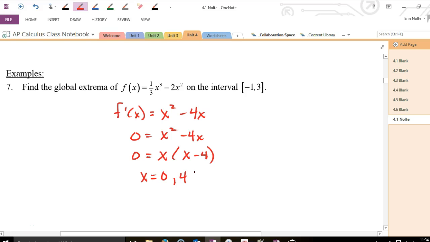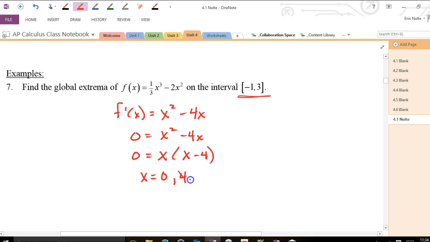Okay, so now the next thing I want to think about is my interval. I'm only zooming into this one window between -1 and +3. If you look at the 2 critical values, what do you notice about that window? Okay, only 0 works. 4 is not within the range between -1 and 3.